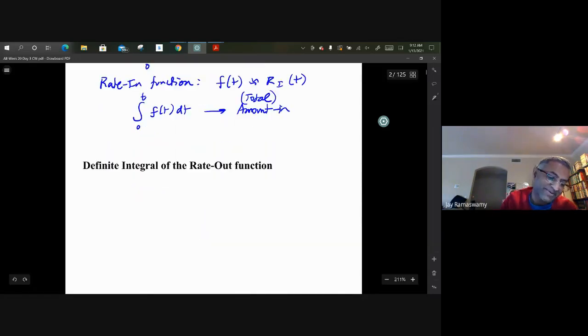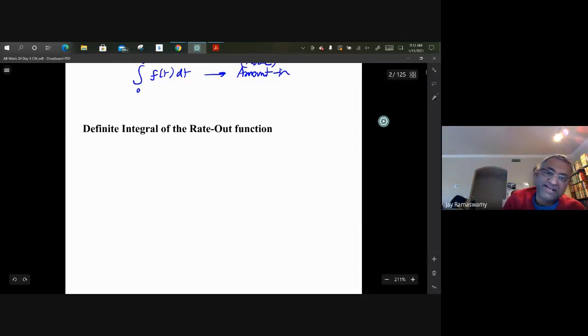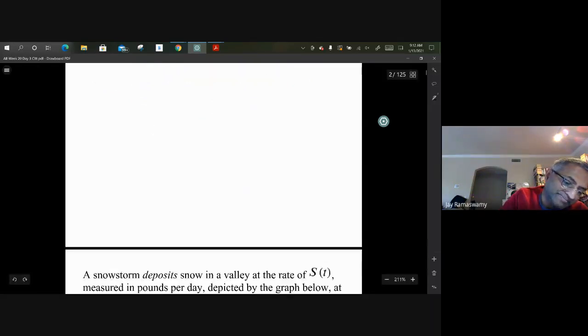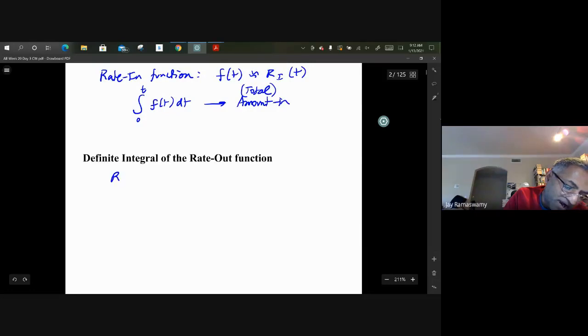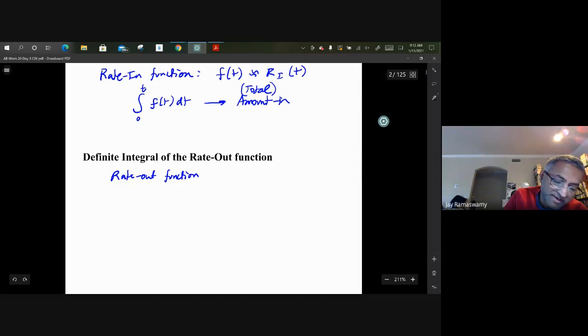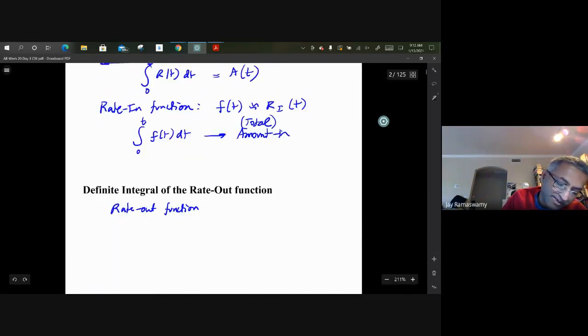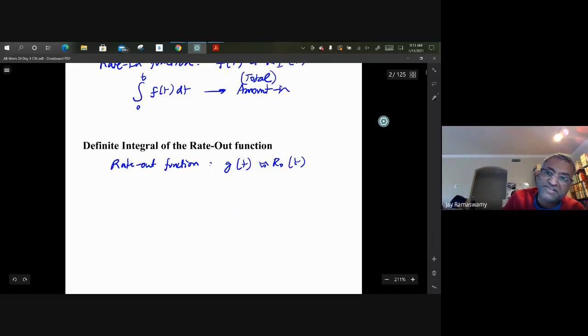Likewise, go down. It says definite integral of the rate out function. So assume for a second, I have a rate out function, because remember, if you integrate the rate, you'll get the amount. Assume we call it g of t dt. I'm just making it up. That's the rate out.